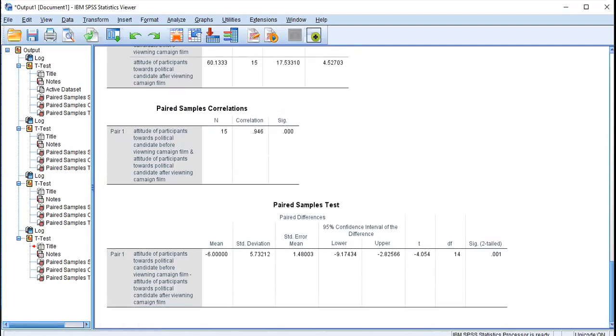So for part C, I'm answering: the alternate hypothesis is accepted at T value of 4.054 at degree of freedom 14 and significance of 0.001. There happens to be a significant difference in the attitude of participants towards the political candidate before and after watching the campaign film.